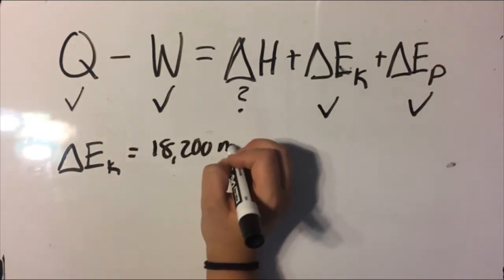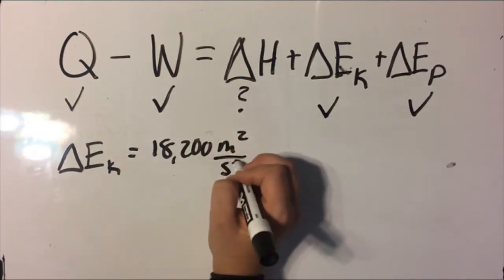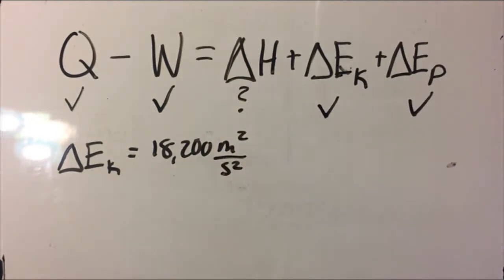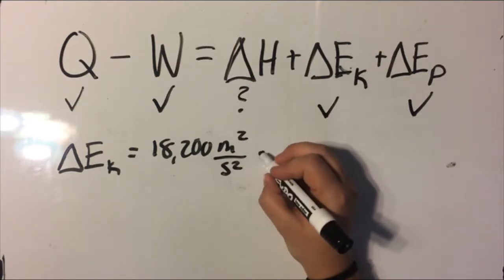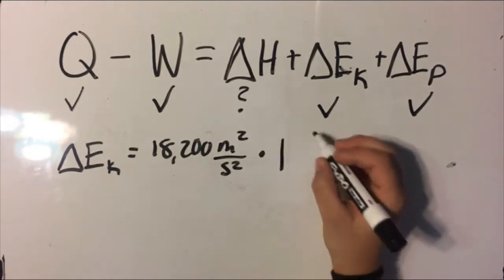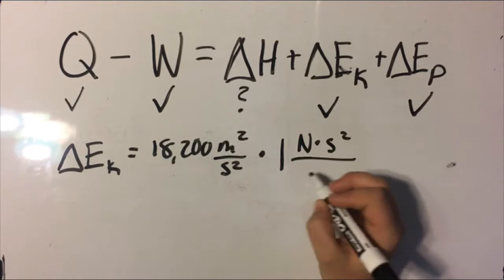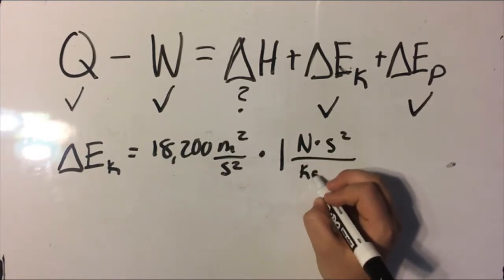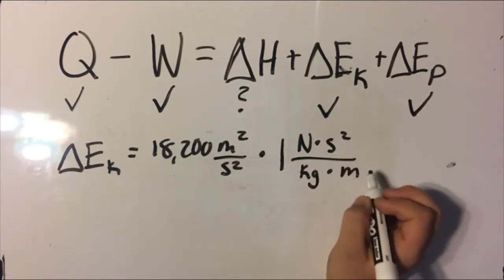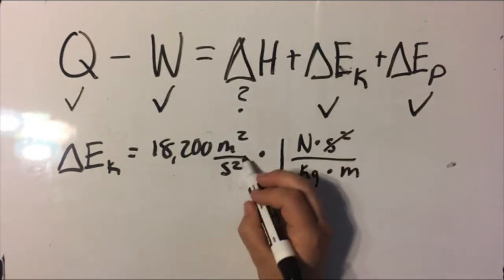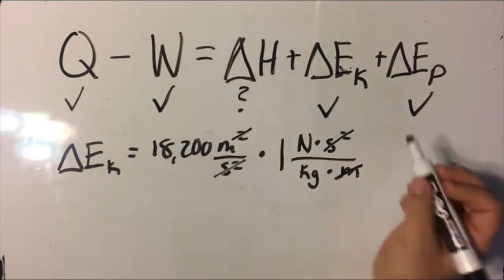But this is in meters squared per second squared, which is kind of an odd unit. So to get it in the units we want, we're going to multiply by a unit conversion. In this case, we're going to multiply by 1 Newton second squared over kilogram meter. Using that, we can cancel out our units.